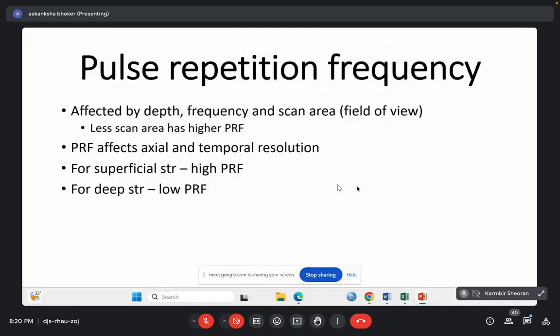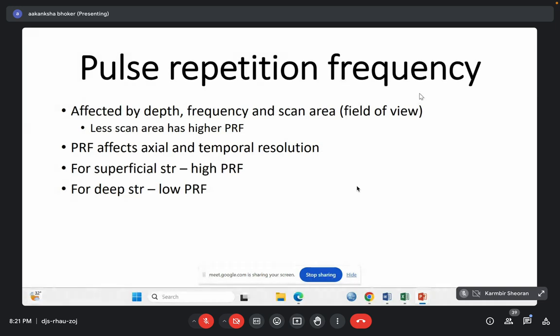Next important parameter is pulse repetition frequency, also known as frames per second. There is no direct button. For depth, there is a knob on the machine to increase or decrease it, but for PRF in 2D mode there is no direct button. To alter it, we have to change the frequency, the depth, and the scan area, whether we look at 30 degrees or 120 degrees. If the scan area is more, PRF will be less.